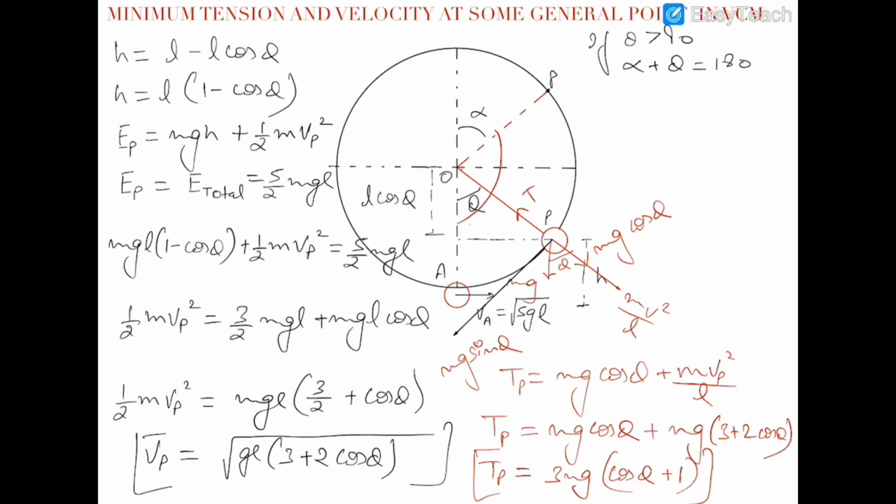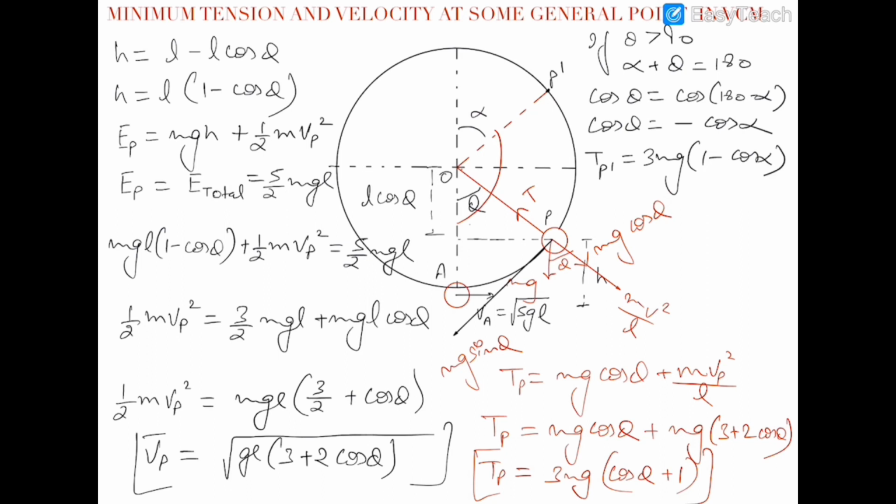Then cos theta can be written as cos(180 minus alpha), and cos theta can be written as minus cos alpha. So the tension at P dash will be equal to 3 mg into (1 minus cos alpha), and the velocity at point P dash will be equal to root of gL(3 minus 2 cos alpha).